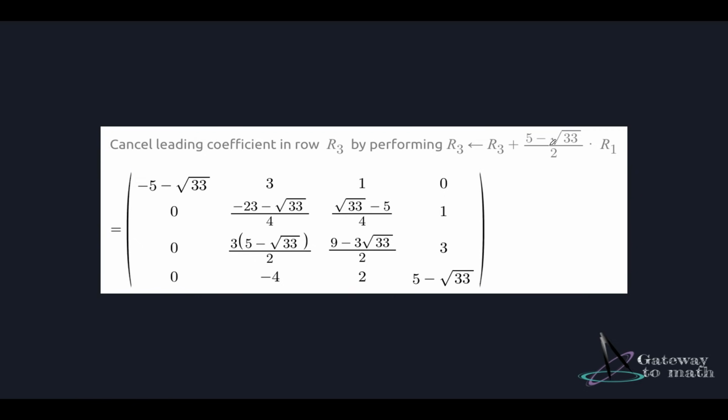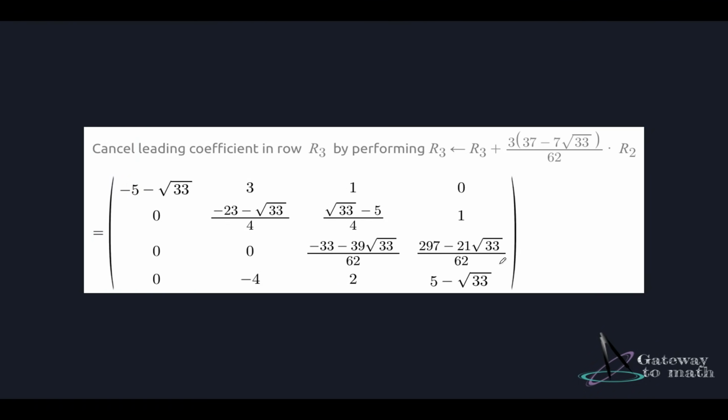R3 plus (5 minus under root of 33) upon 2 times R1, and R3 now becomes 0, 3 times of (5 minus under root of 33) upon 2, 9 minus 3 times of under root 33 upon 2, and 3. Next value is R3 plus 3 times of (37 minus 7 under root of 33) upon 62 times R2. So the value in R3 equals 0, 0, (minus 33 minus 39 under root 33) upon 62, (297 minus 21 under root 33) upon 62 respectively.